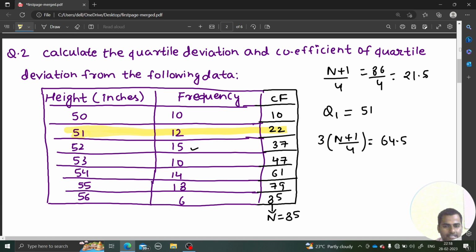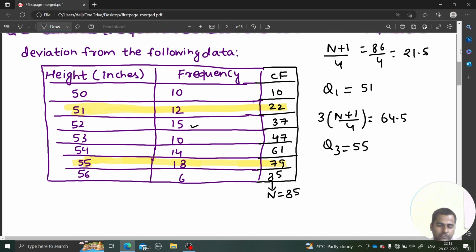So corresponding to 79 you are getting 55. So that will be your Q3 value, which is 55. Now once you get Q3 and Q1, I hope it's clear how to find QD from there, which is quartile deviation. Q3 minus Q1 divided by 2. So that will be 55 minus 51 divided by 2, 4 by 2, which is 2.